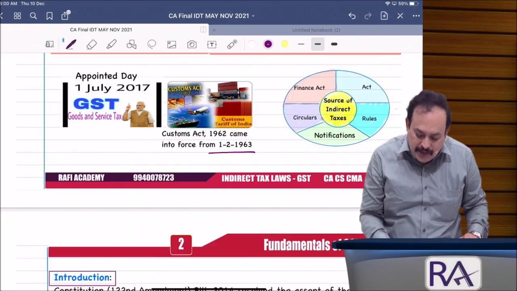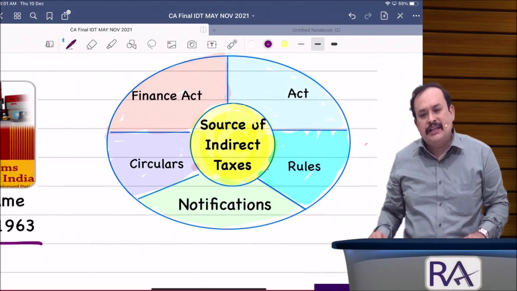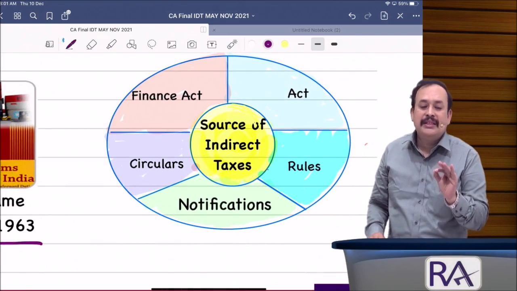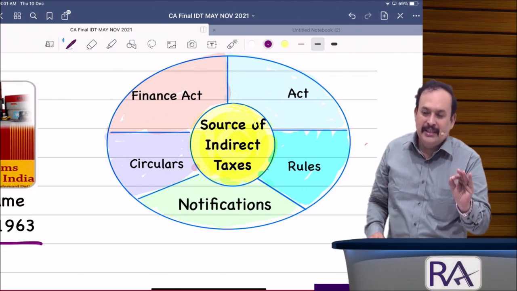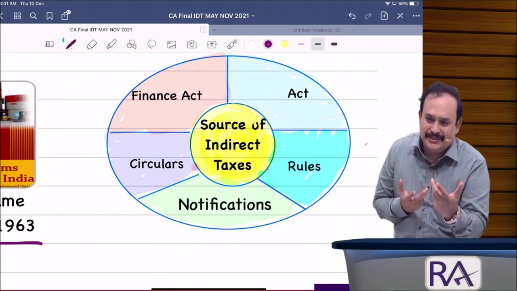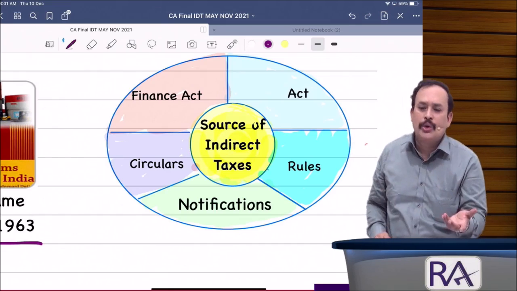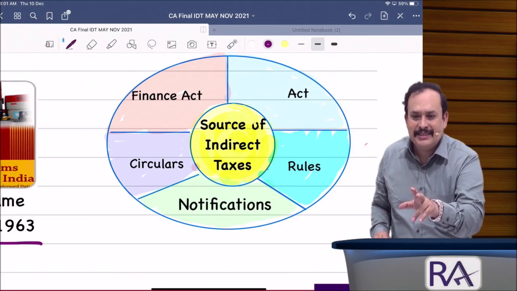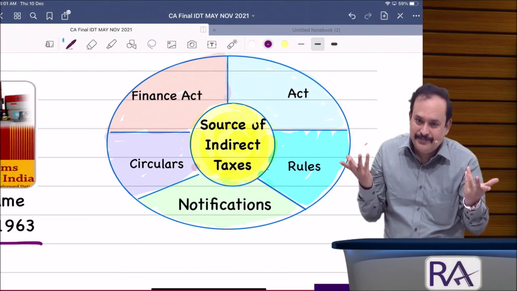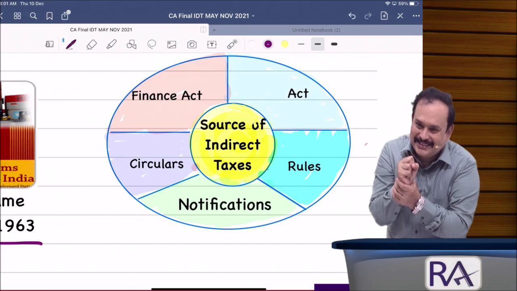Sir, first and foremost, for any levy of taxation, one should have a source of tax. Under indirect taxes, I refer, because I am referring to indirect taxes, the source of indirect taxes. The same also holds good in the case of direct taxes, whichever tax you take, Companies Act 2013. For any tax to be levied, there must be a source of tax.